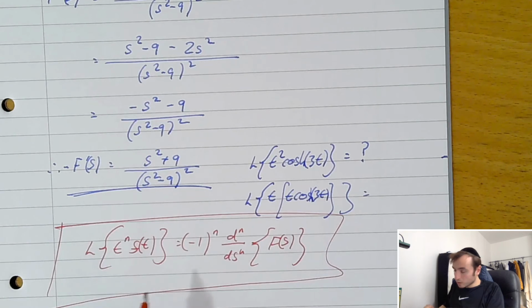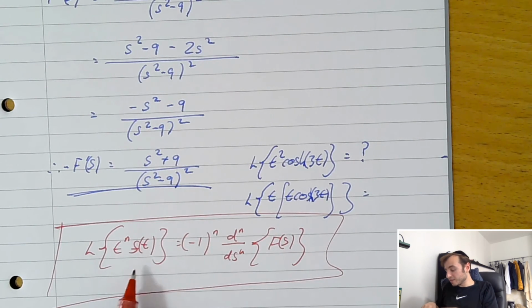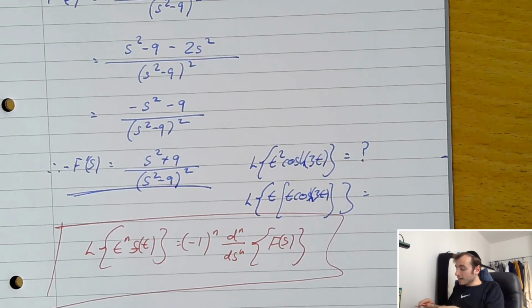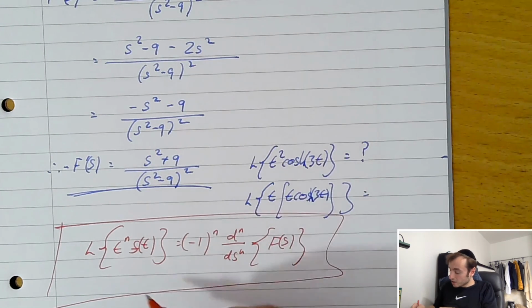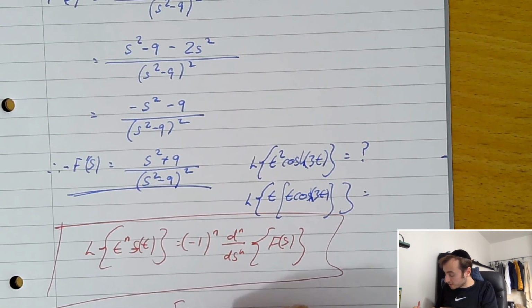And that will give you the second theorem of any function for any power of t, which is really just an extension on saying that the Laplace transform of t f of t equals minus f prime s.